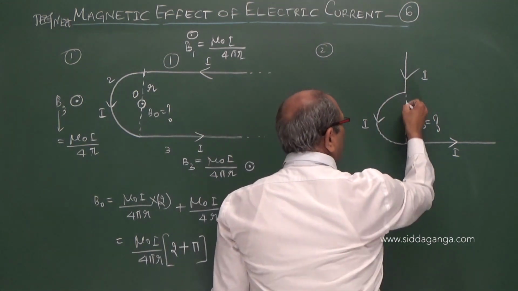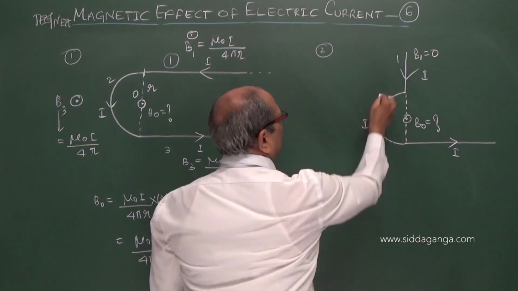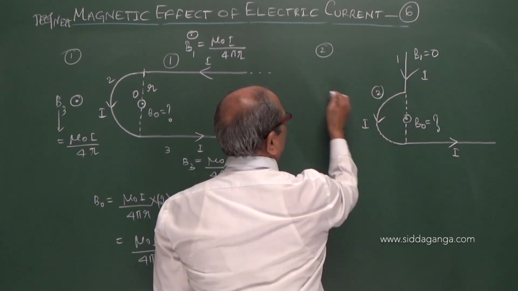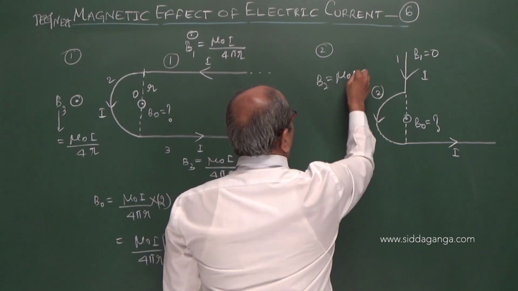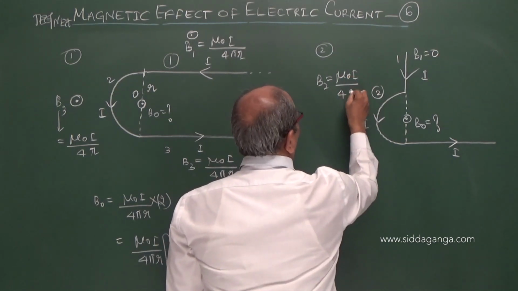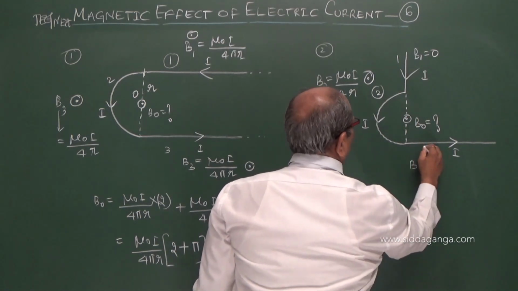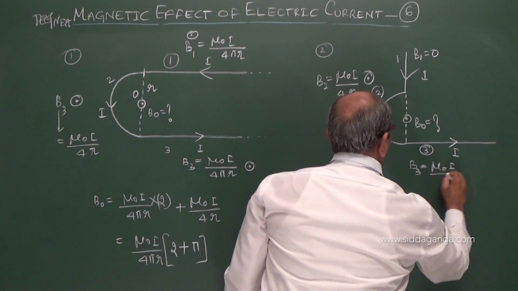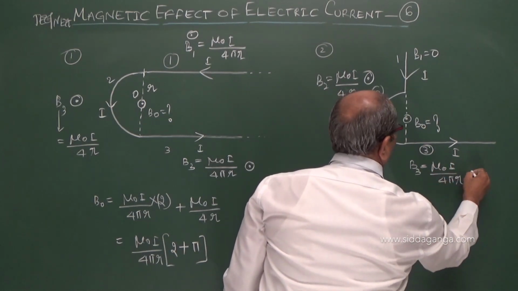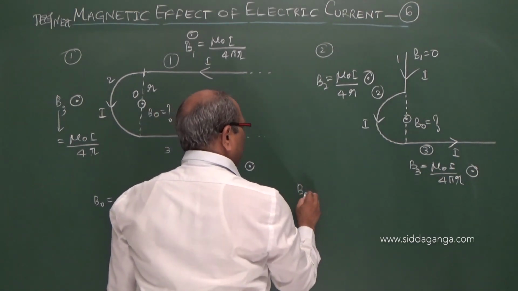See, here it is in line. Therefore, B1 is 0 if taken as 1. 2, half circle, field is out of the board. B2 is mu naught I by 4R, outward. If I take the third part, B3 equals mu naught I by 4 pi R, out of the board.